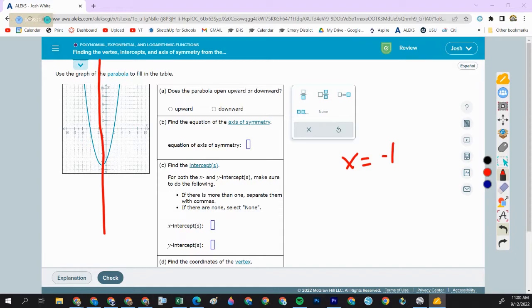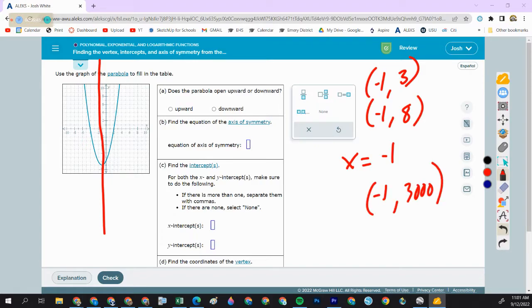Yeah. It hits the x-axis. So this graph hits every single point where the first part of the coordinate is a -1. So it hits -1, 3. It hits -1, 8. -1, 300 or 3000. So this graph is every point where x is -1.